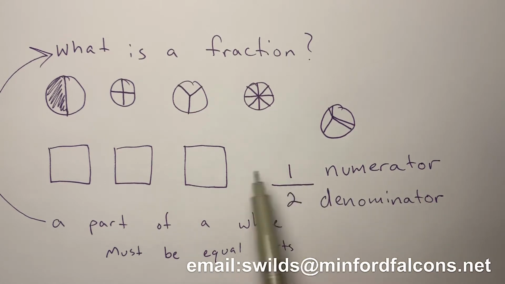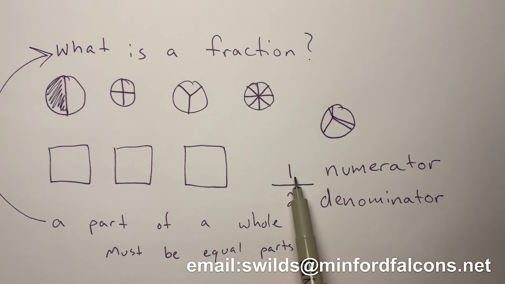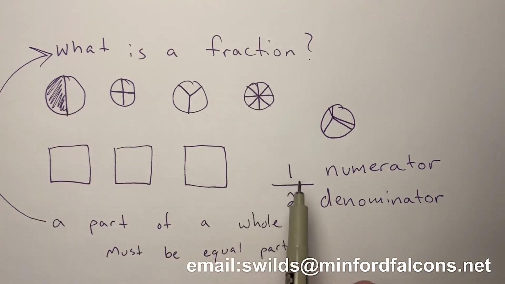So if I have 1 right here, 1 is shaded, that is the one part of the whole. So the top is the part that's shaded in the fraction. There's 1 here. How many is all together? 2. The denominator is just how many parts we have all together. So there's 1 shaded of 2.